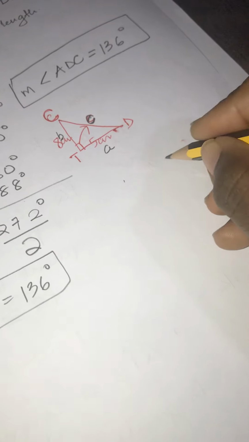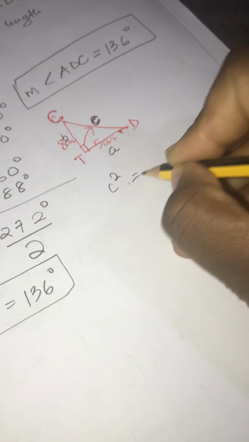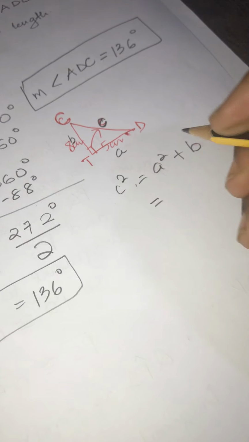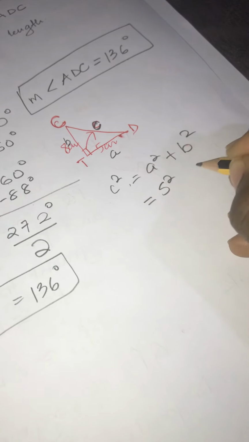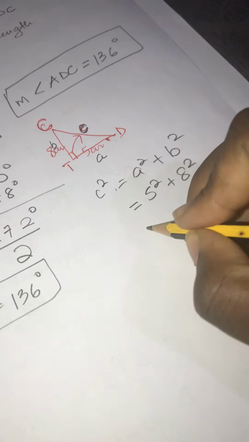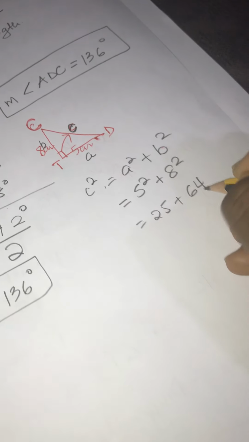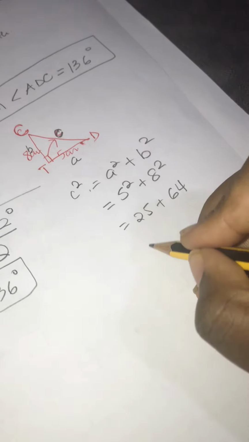I can do c squared equals a squared plus b squared, which equals 5 squared plus 8 squared, which equals 25 plus 64, which equals 89. So c squared is 89. So then I have to find the square root of both sides. c equals the square root of 89.